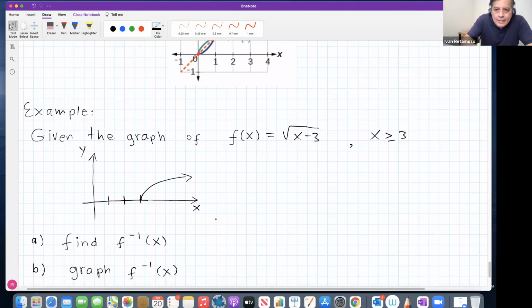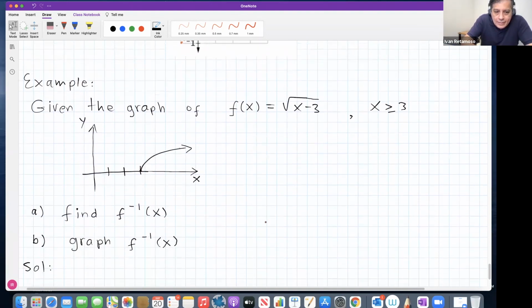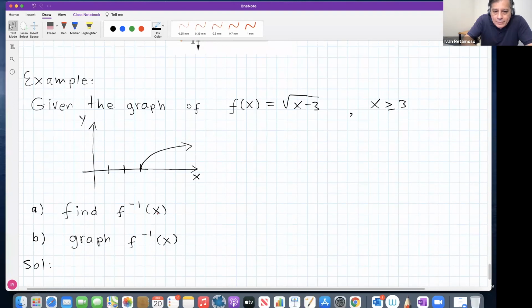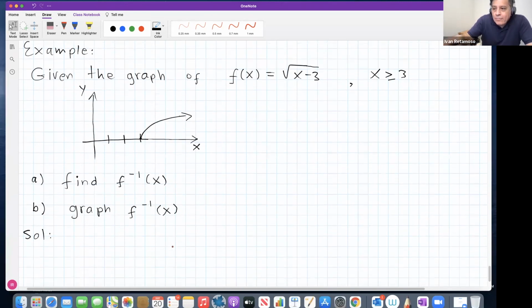Great. Now, question part A says find f inverse of x, and part B, graph f inverse of x. So for part A, we have an algorithm, a method, that follows 4 steps.